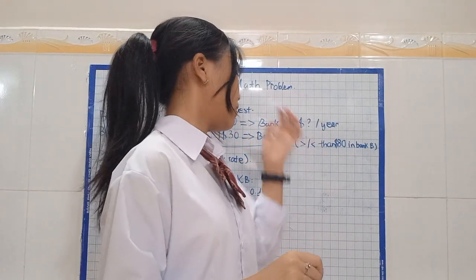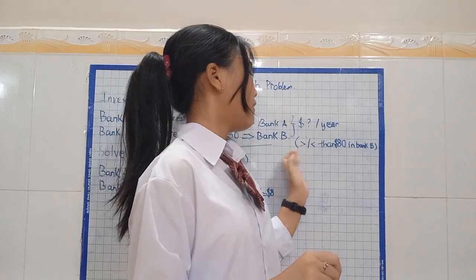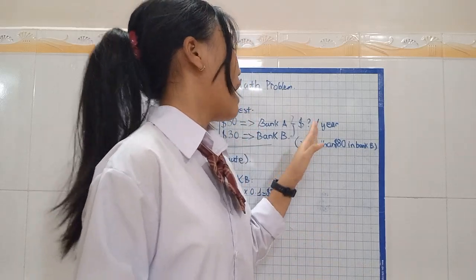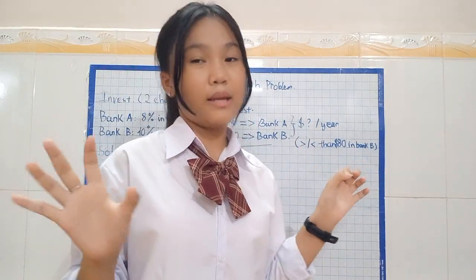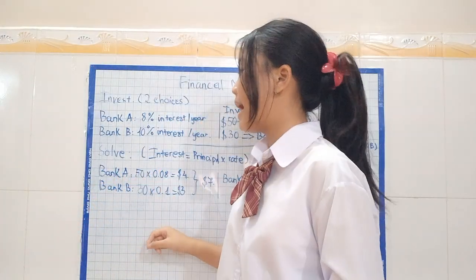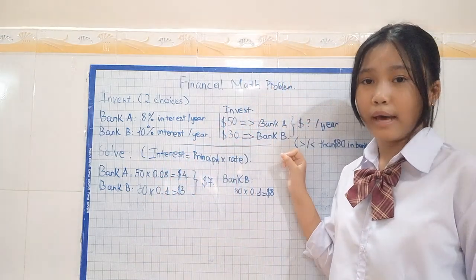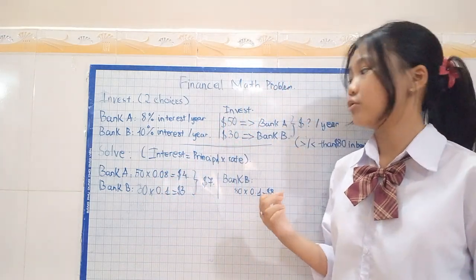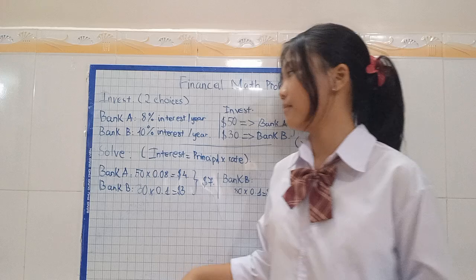We also need to know if it is a greater or lesser amount than if we simply put $80 in Bank B. So that is our data gathering part. We need to look at what we need to find out and what we need to help ourselves with this problem.